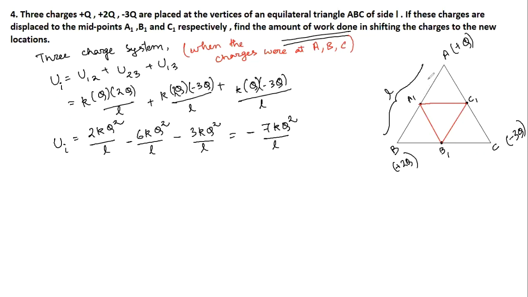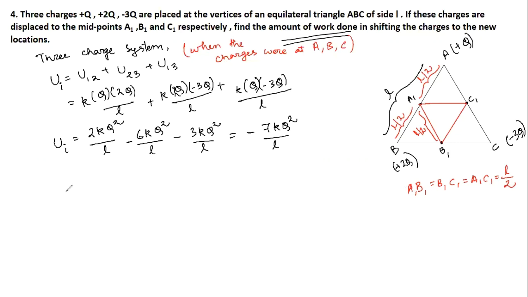So this side will be only L by 2, since it is the midpoint. Since this is an equilateral triangle, this particular distance is also going to be L by 2. So A1B1, B1C1, and A1C1 all have the value L by 2.